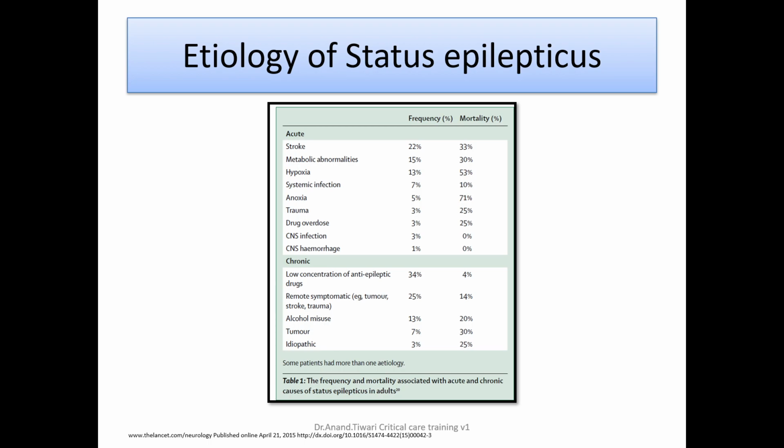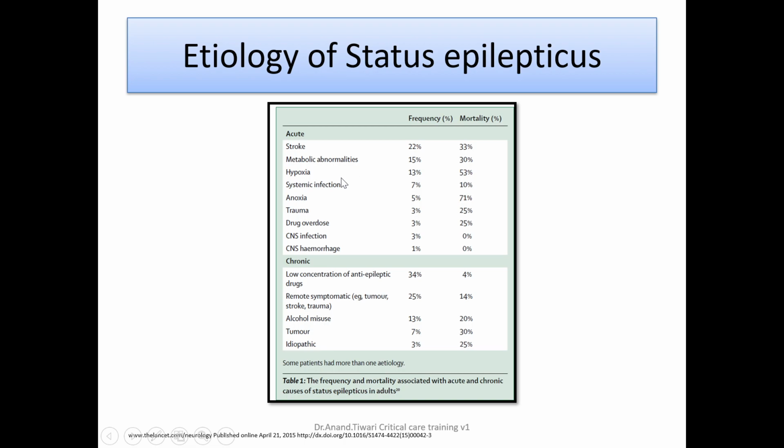Now coming to the etiology, the most common etiology of status epilepticus, often the patient comes with a previous stroke, or as the list here shows, the first cause is an acute cause, sometimes stroke with bleed or ischemic infarct or cerebellar infarct, or a patient with previous stroke with scar epilepsy.